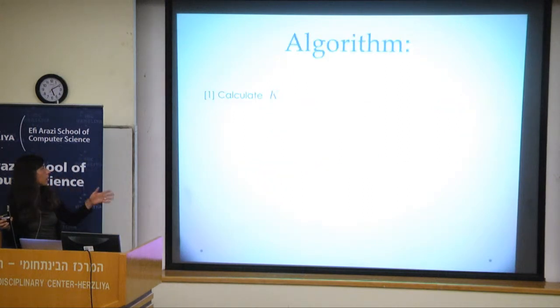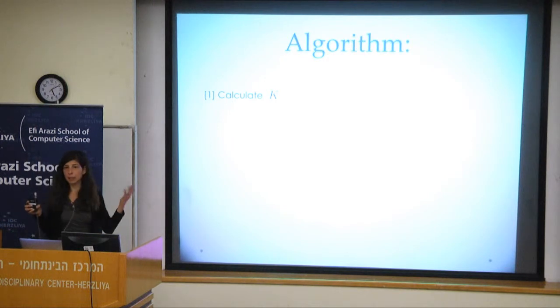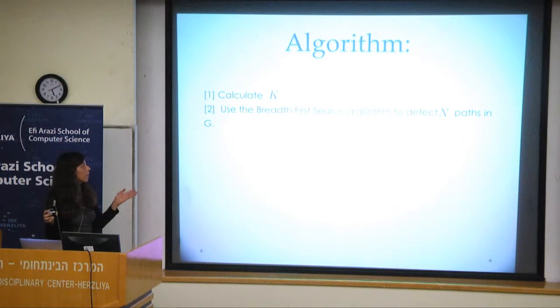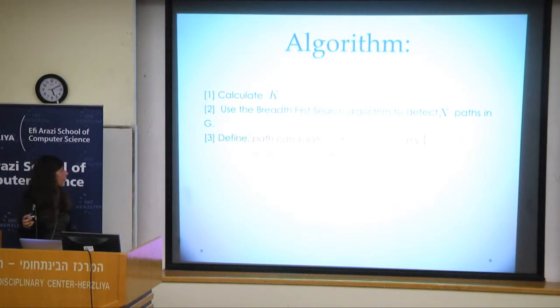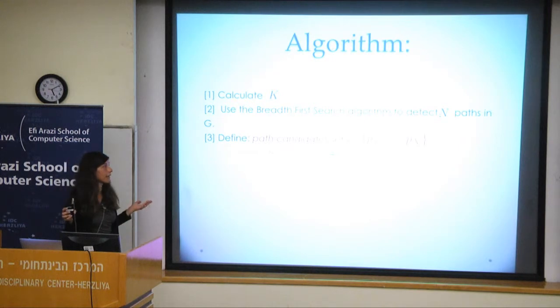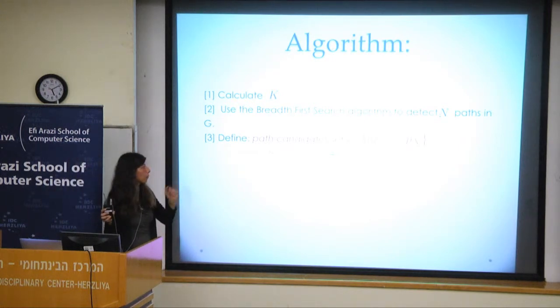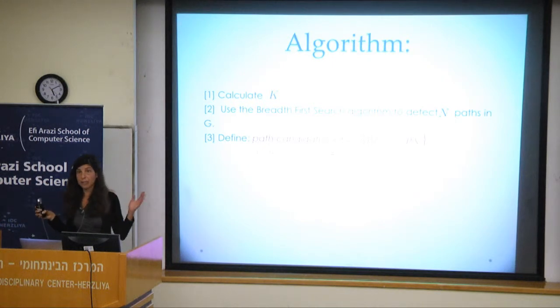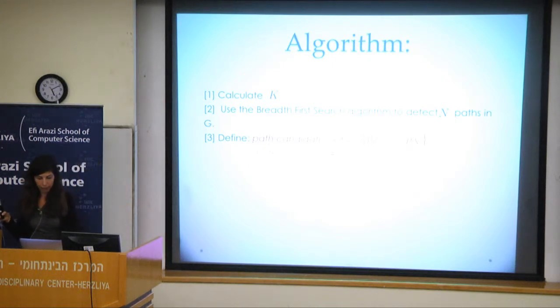The entire algorithm goes as follows. We estimate k, the number of potential paths, then use BFS to detect n paths in G, the graph. Then we define a path candidate set, P1 to Pn. The selected path set is currently an empty set. We haven't selected any path yet.